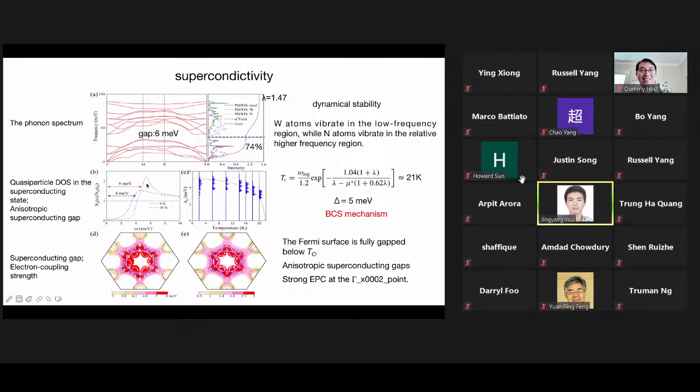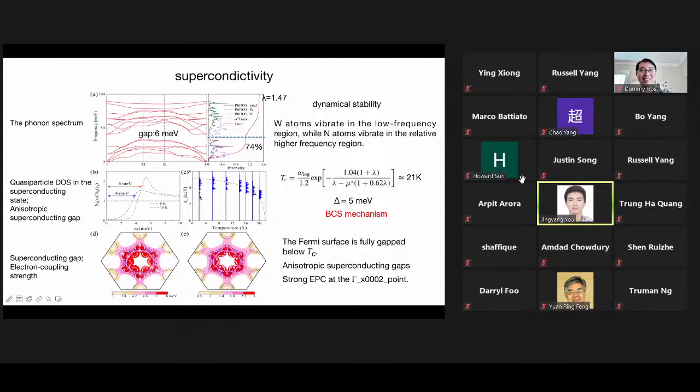In this figure, we plot the quasi-particle density of states in the superconducting state at two representative temperatures of 6 and 18 Kelvin, relative to the density of states in the normal state, as a function of the frequency, based on the anisotropic Migdal-Eliashberg theory. We can observe that the superconducting gaps at 6 and 18 Kelvin are about 5 and 4 meV respectively.